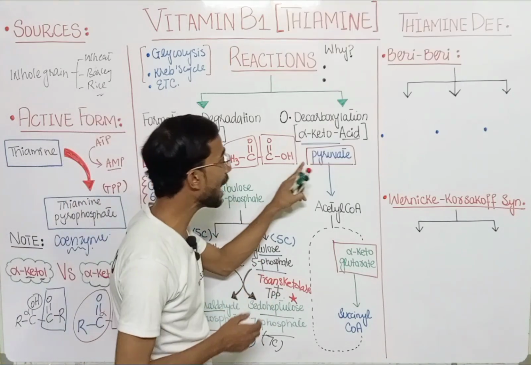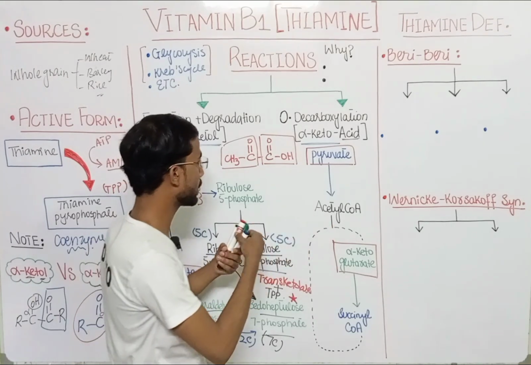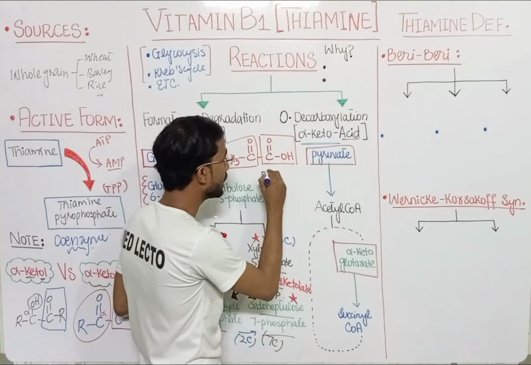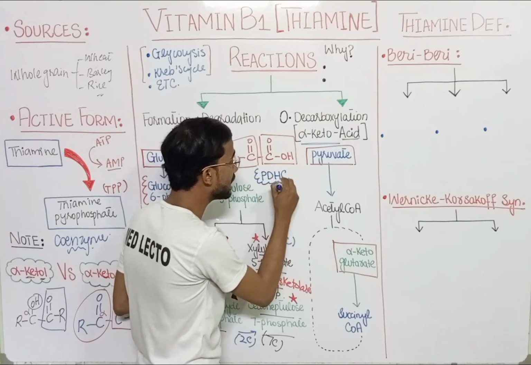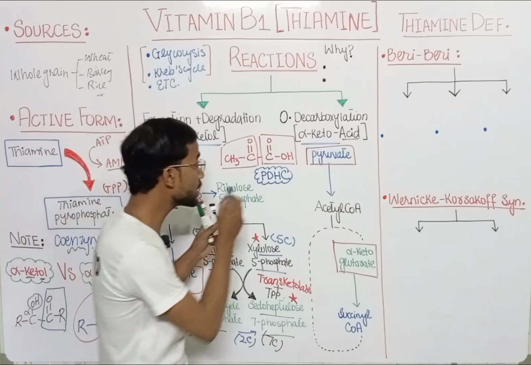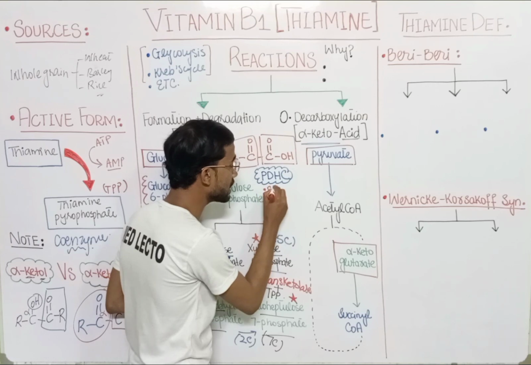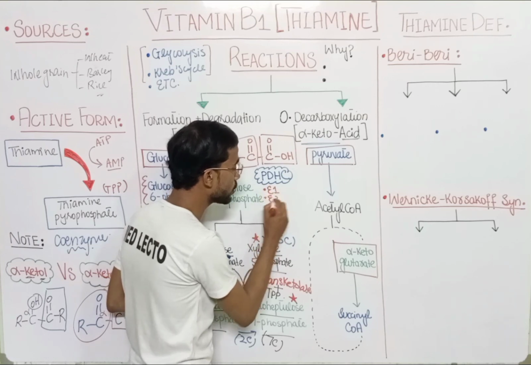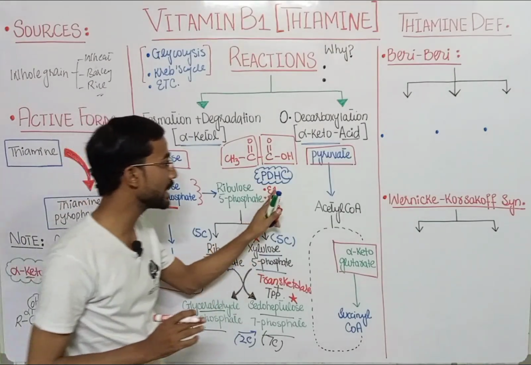Now pyruvate converts into acetyl CoA with the help of the pyruvate dehydrogenase complex. This is actually a complex, containing different enzymes like E1, E2, E3. But our main focus is on E1.